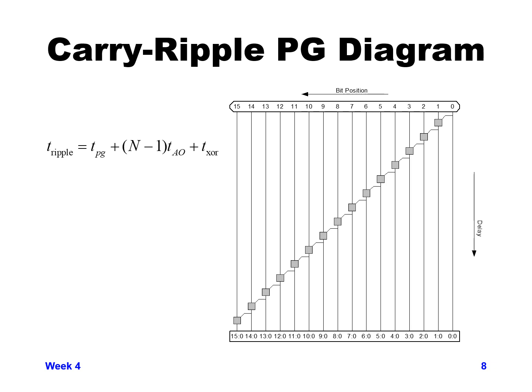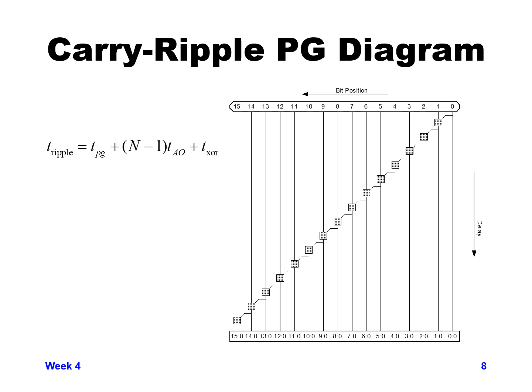So you go through one PG calculation at the very beginning. Then you go through n minus 1 of the AND-OR gates that produce your generate of I colon 0. So the t sub AO is the time going through that generate AND-OR function delay.